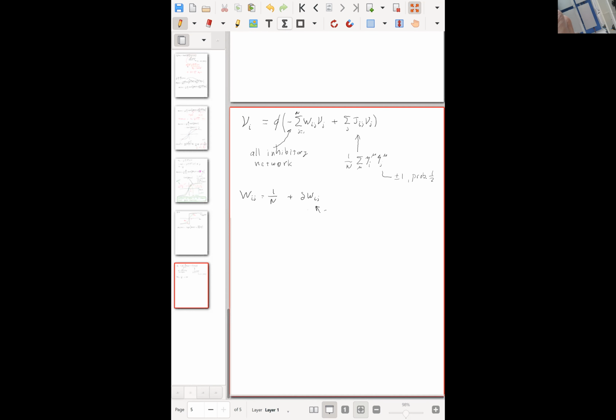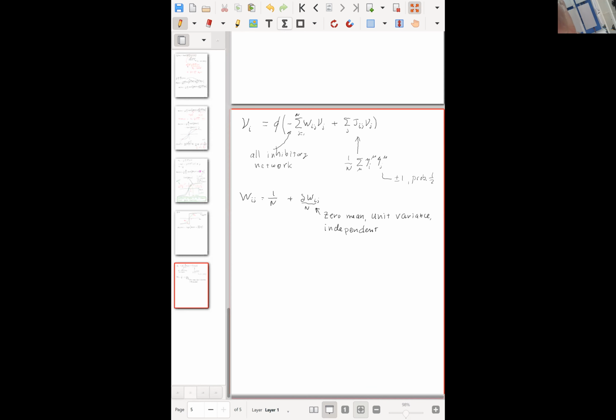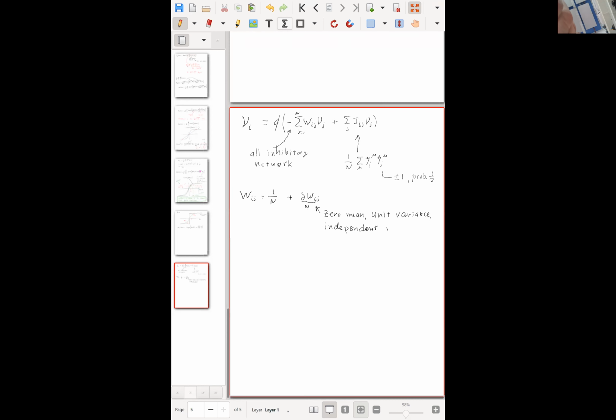And this is 0 mean, divided by root n, 0 mean, let's say unit variance, independent random variable.